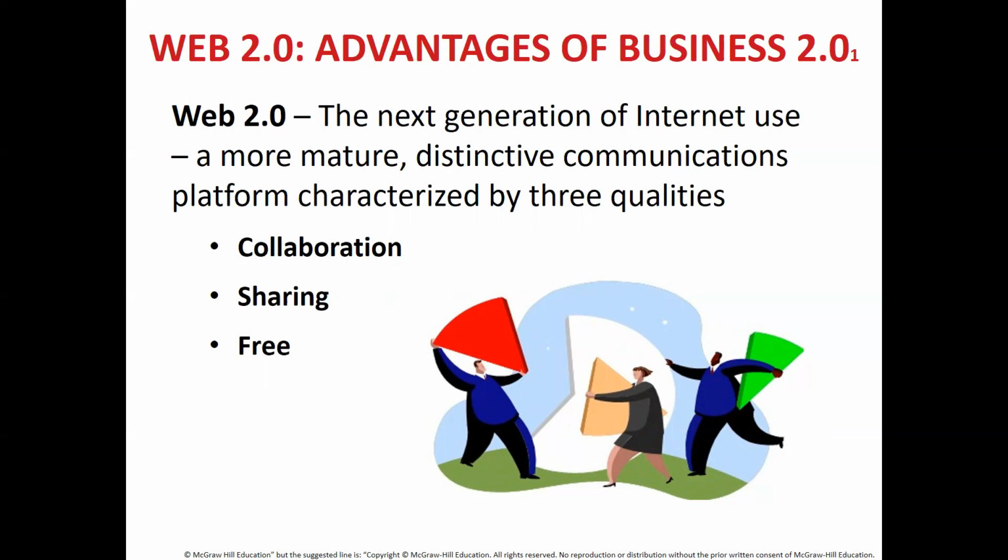Web 2.0 is a set of economic, social, and technology trends that collectively form the basis for the next generation of the internet, a more mature, distinctive medium characterized by user participation, openness, and network effects. Although the term suggests a new version of the World Wide Web, it does not refer to an update to web technical specifications. Instead, it refers to changes in the way software developers and end users use the web as a platform.